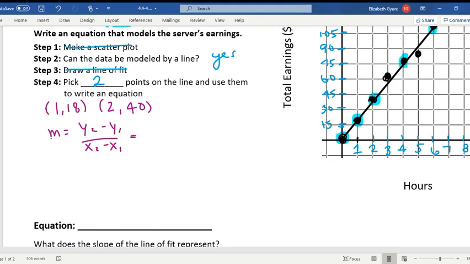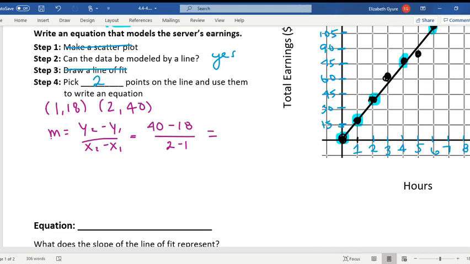So how should I plug this in for my slope? What should I do with my y's? Subtract them. Okay, so that would be 40 minus 18 over, and then on the bottom I do 2 minus 1 equals. Okay. Jaden, you awake?